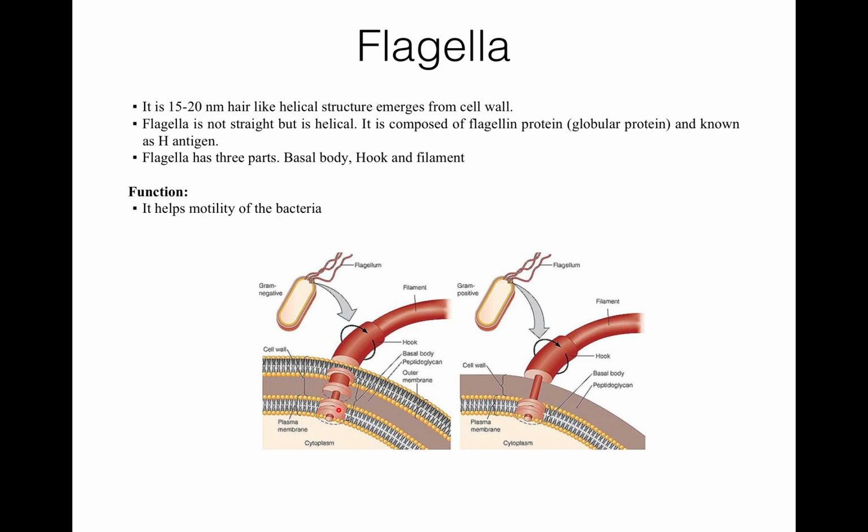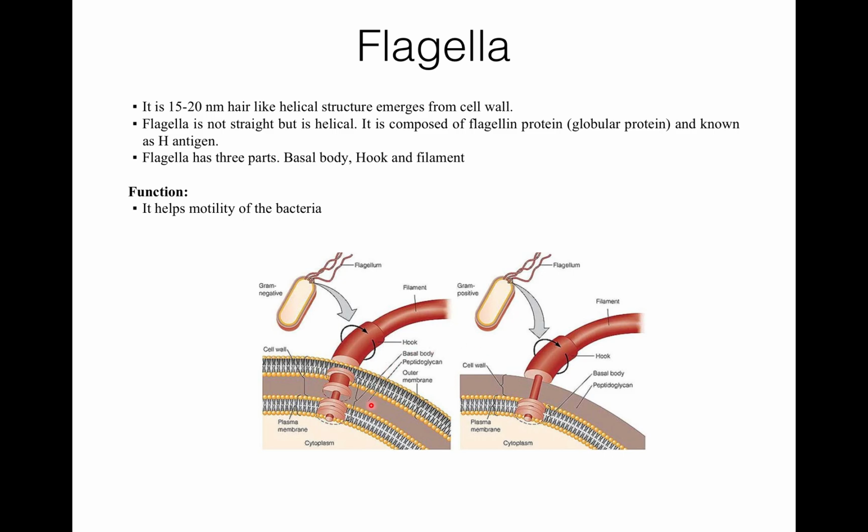Now, there is a much difference between basal bodies of gram positive and gram negative bacteria. In gram positive cells, there are two basal body rings, inner ring and outer ring. Inner ring is connected to the plasma membrane, while the outer ring is connected to the peptidoglycan layer.